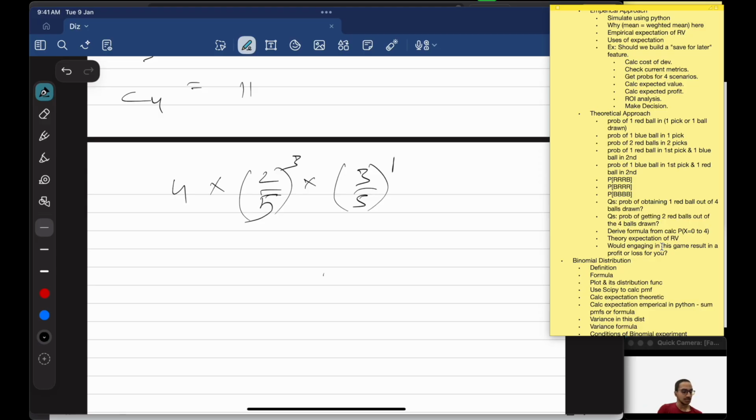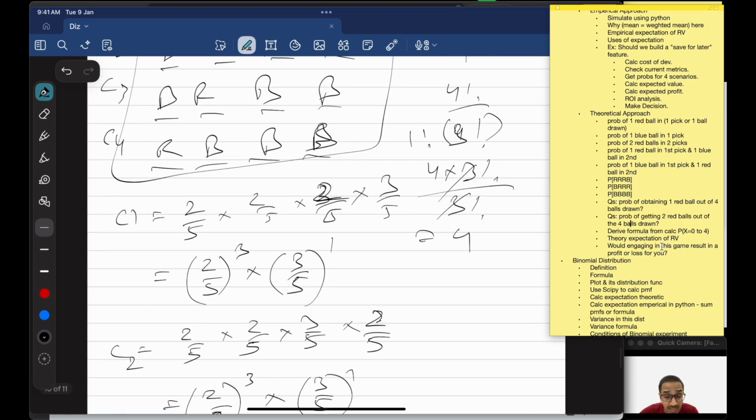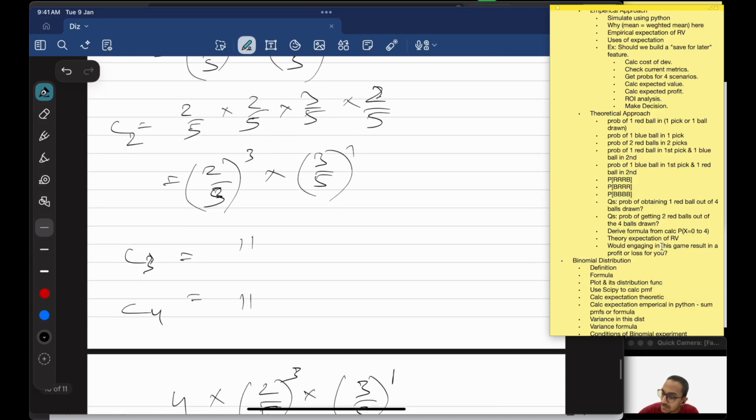Now we understood why we are multiplying, right? Because it's joint probability, since all of them have to happen within the same event, we use the AND condition here.